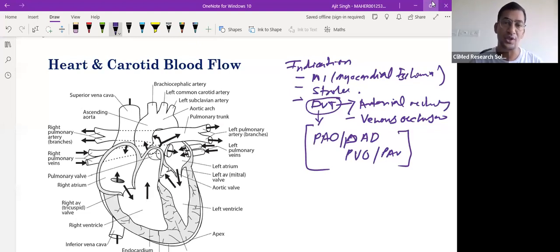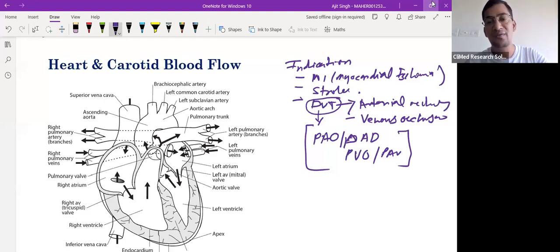Not the stroke. Stroke is also a kind of carotid artery occlusion, but there are the subcarotid artery occlusions which come under peripheral occlusion. But usually when we are talking about peripheral arterial disease, PAD or PVD, that is nothing but your upper limbs and lower limbs. Upper limbs means arms and lower limbs means your legs.